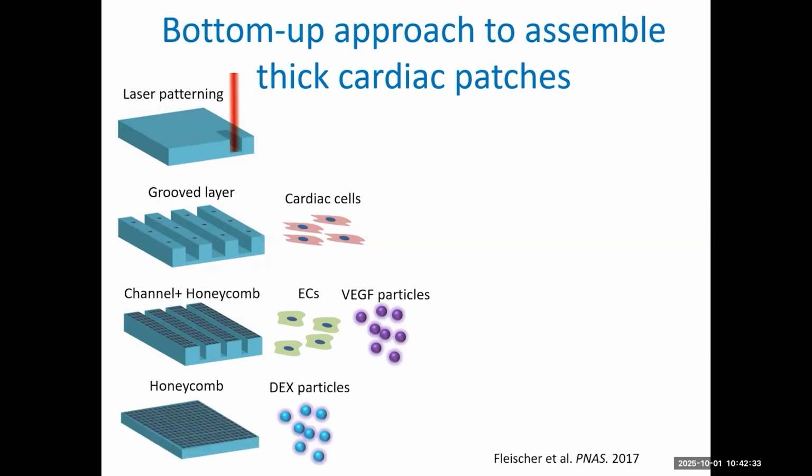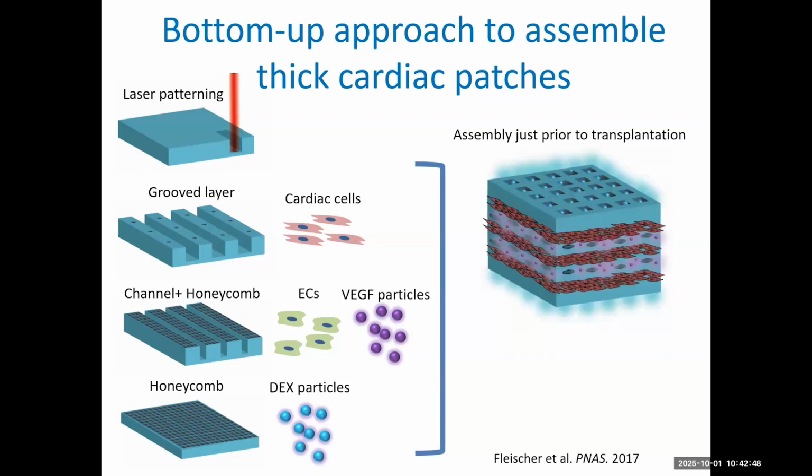And we have honeycomb structures for dexamethasone-releasing particles to avoid rejection. So we basically culture these thin layers separately in the lab, and then just prior to transplantation, we assemble a thick tissue about 1 centimeter thick.